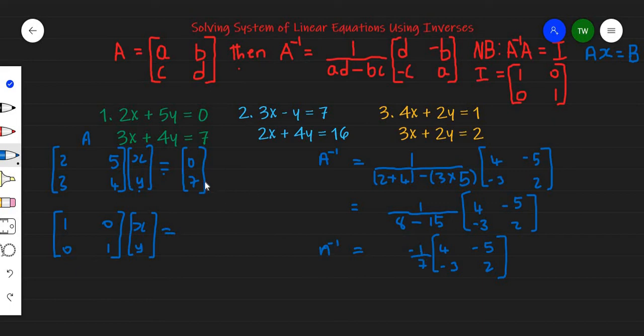I'm going to write it for this side now, which is A inverse, equal to negative 1 over 7 times the adjoint, which is 4, negative 5, negative 3, 2, times the matrix B, which is just 0, 7.